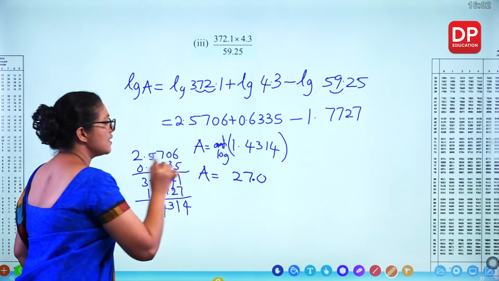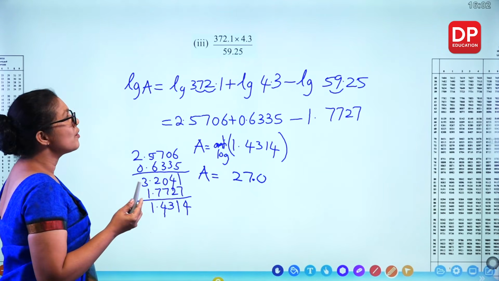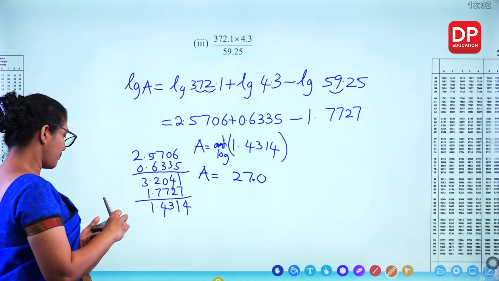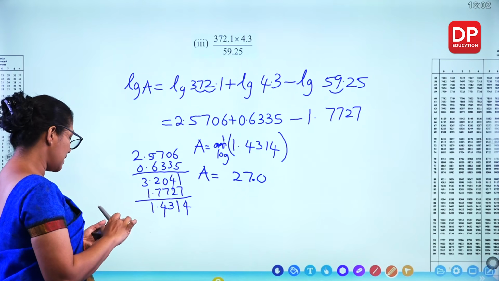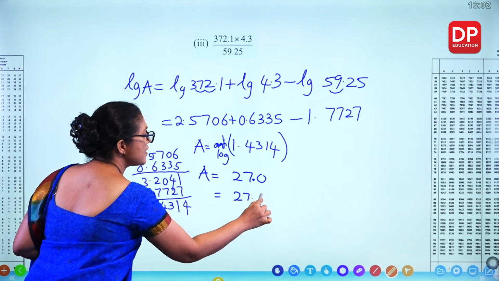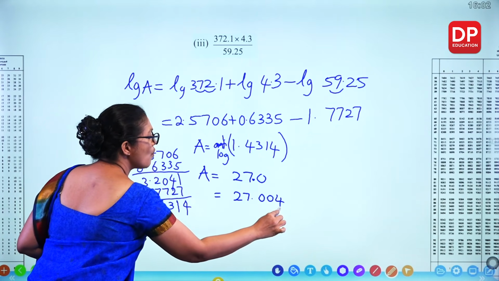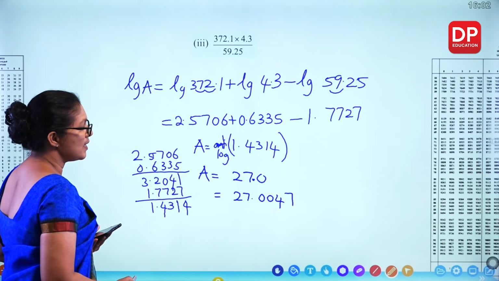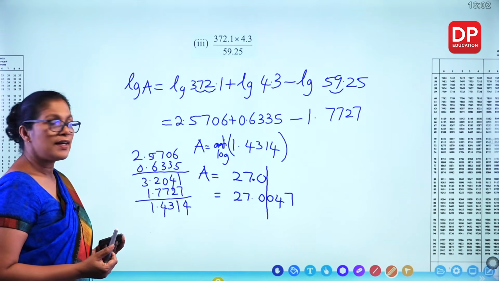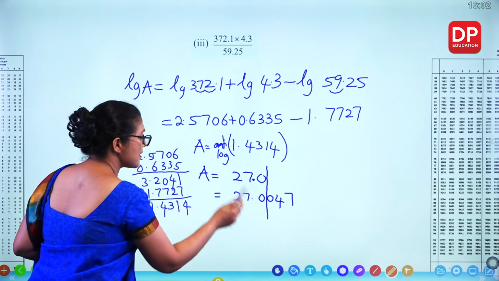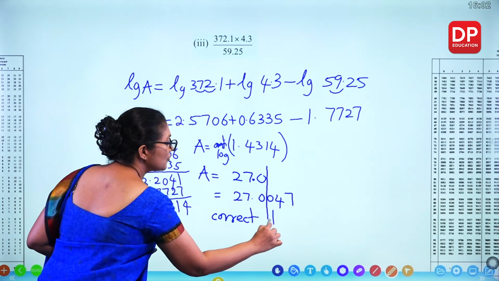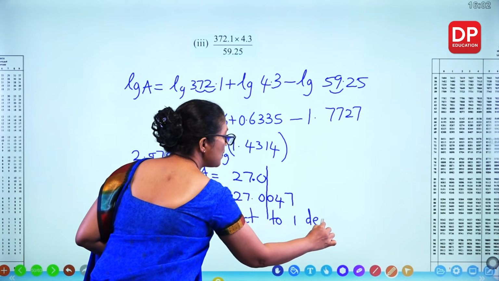That's the value from the table. Now we'll look at the calculator value. The calculator gives 27.0047. Now we see correct to one decimal place, you get the correct answer. So this answer is correct to one decimal place.